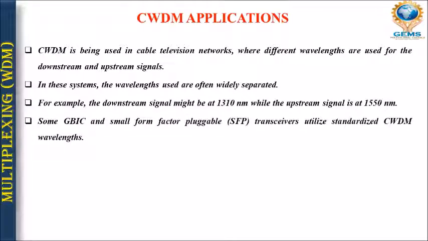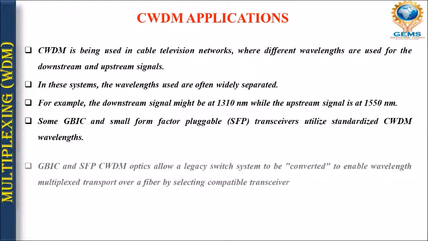Some GBIC or small form factor pluggable transceivers, known as SFP transceivers, utilize this type of standardized CWDM wavelength. For this particular application, SFP, one of the good transceivers, CWDM is widely used.